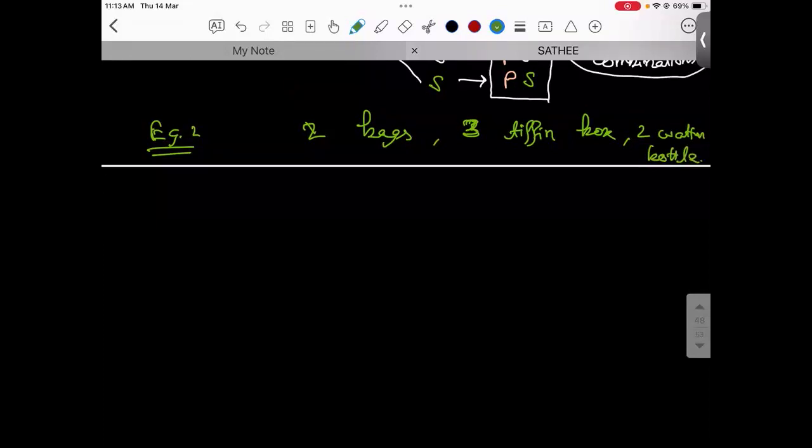So how many ways can you combine them to take to school? For that I can write bags as B1, B2, tiffin boxes as T1, T2, T3, and water bottles as W1, W2.